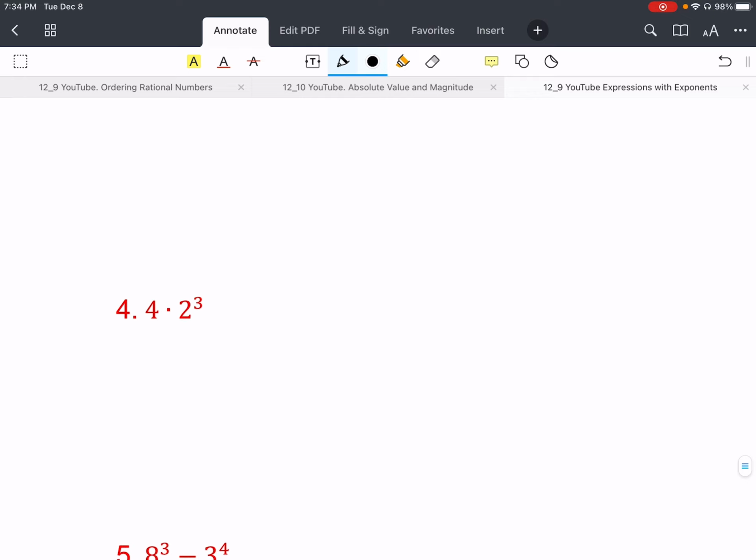Next one, 4 times 2 to the 3rd power. So what we're going to want to do is we're going to need to get rid of the exponent first. So even when we write it out, we want to break apart the 2's. So we don't want to multiply the 4 times 2 before we get rid of the exponent.